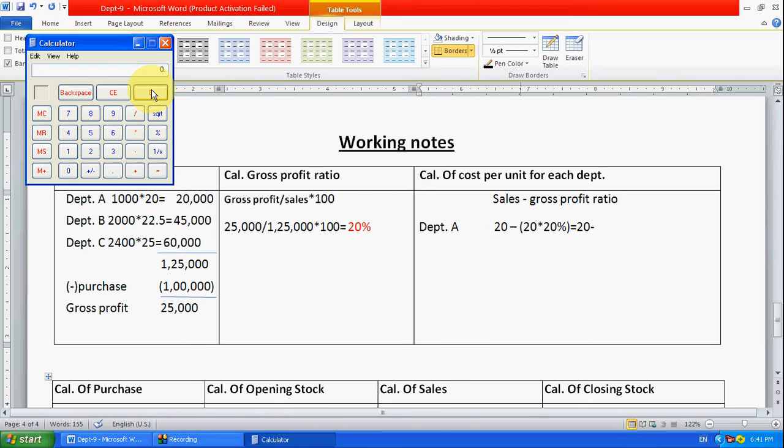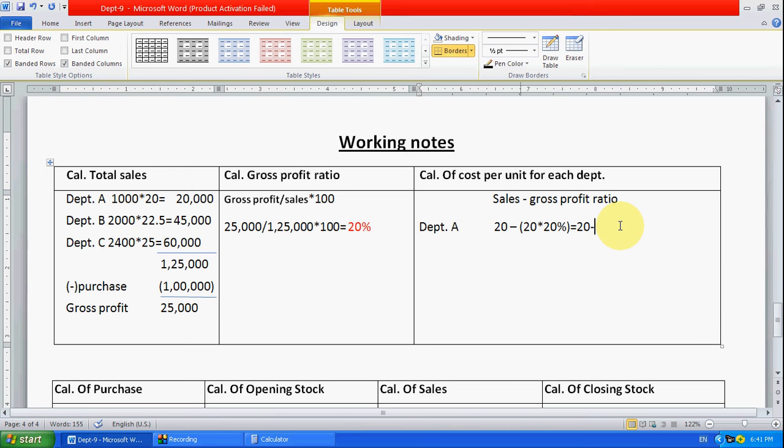Here 20 into 20% means 4. If you deduct 4 from 20, you will get 16 as the answer. So the first answer is 16.